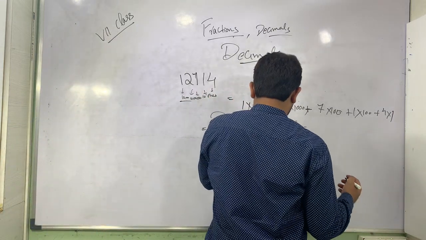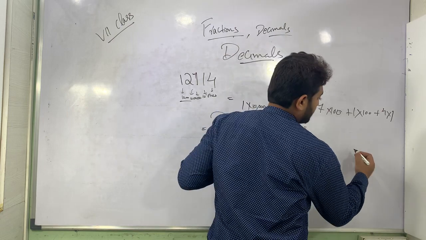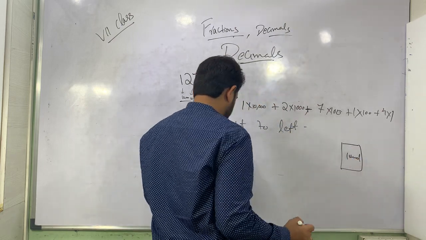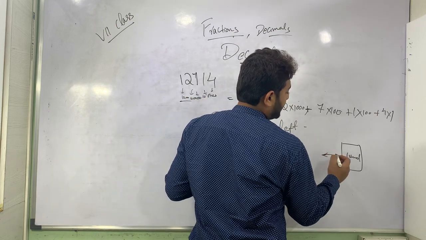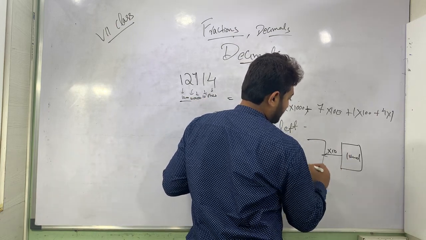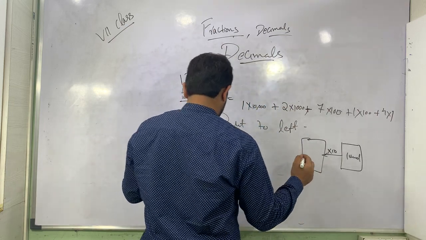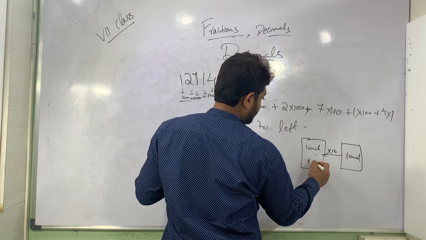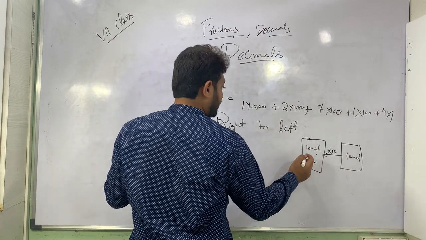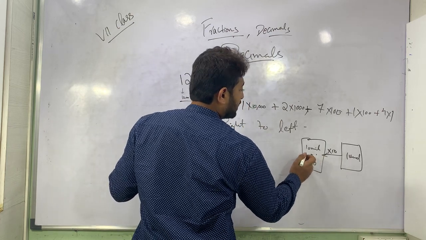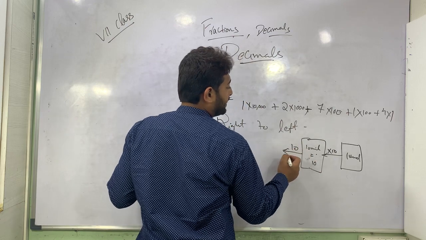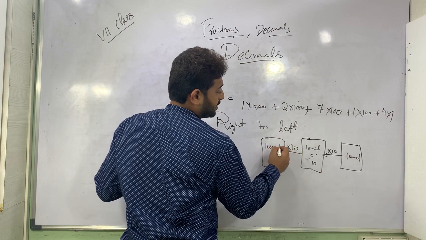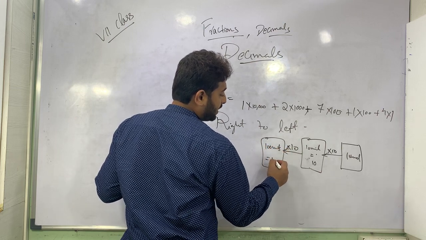When it goes with multiplication, you see 1 unit. When you multiply it by 10, you get 10 units, equal to 10. Now again, if you multiply this by 10, you get 100 units, equal to 100.